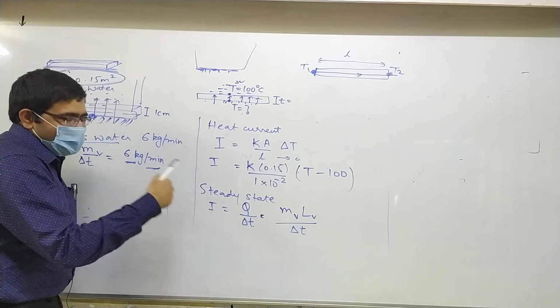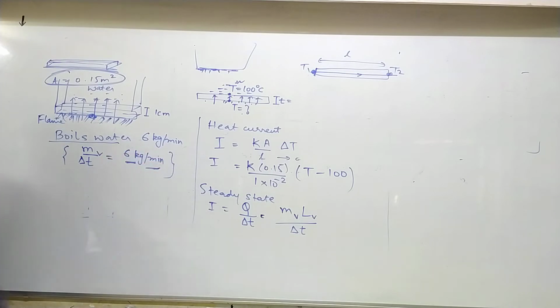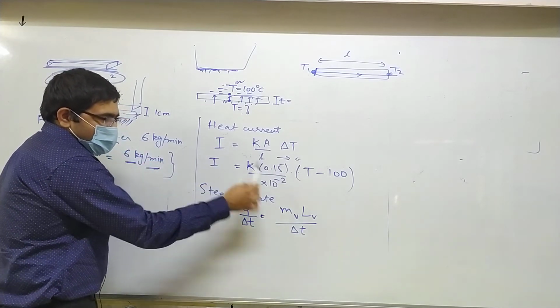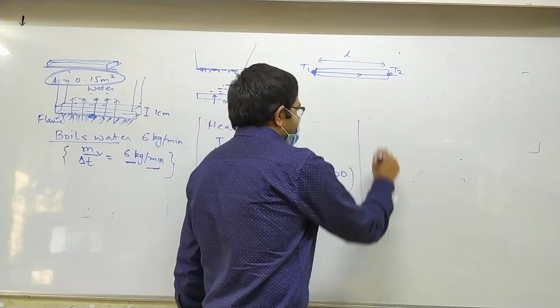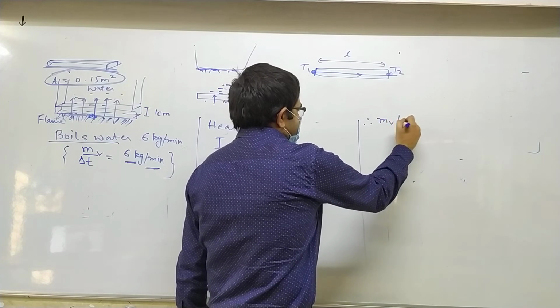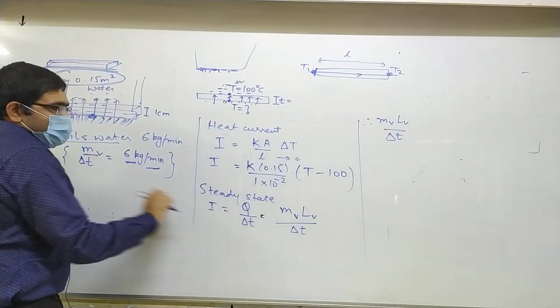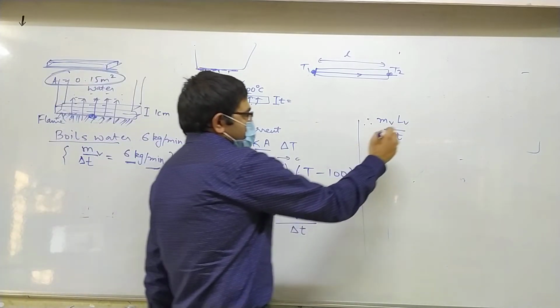Okay, so why did I convert it to that? Because we already have a value of this thing, right? So once I put I's value as this here, I'll just put both of these together. So that will be our next step. That will give me mV LV by delta T, right? mV LV by delta T is heat current. Now that heat current is equal to this.